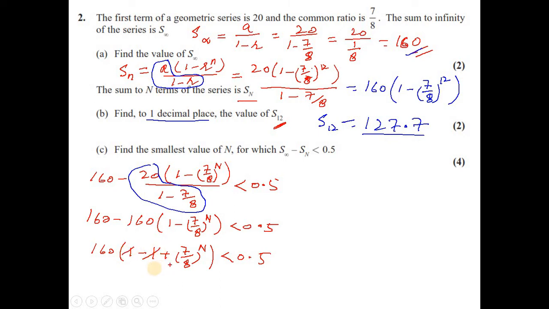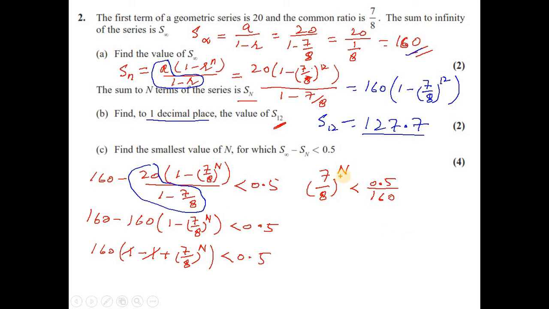These ones are gone, so you can say that 7 by 8 whole power n is less than 0.5 divided by 160, and we need to find n.